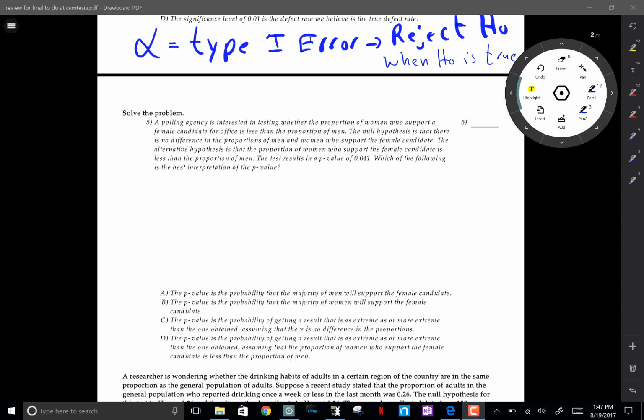So if you remember, the p-value is that we get a value that is as extreme or more extreme than the value that we expected when the null hypothesis is true. So for this one, let's just jot down what the null and the alternate hypothesis are. So the null hypothesis is stating that the proportion of men, let's just double check that. Well, let's actually erase that.